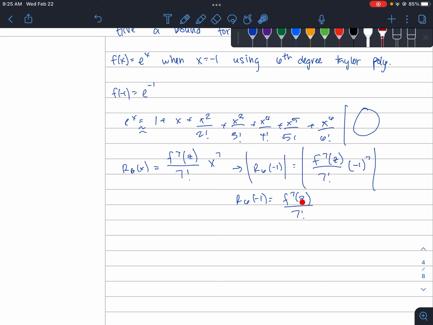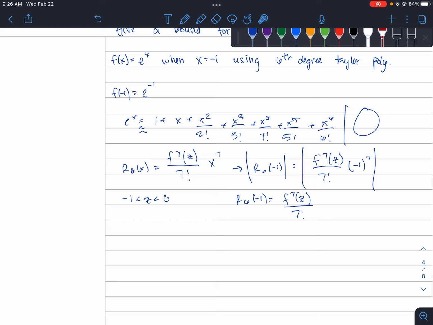Now this is where we're going to maximize this value. How can I maximize this value right here? Well, remember that z is between the center point and the value of approximation. So z has to be between the center, in this case 0, and where we're approximating at -1. So z is somewhere between these. Since I don't know what z is, I'm going to use -1 or 0, whichever one of these two values will maximize this entire expression.